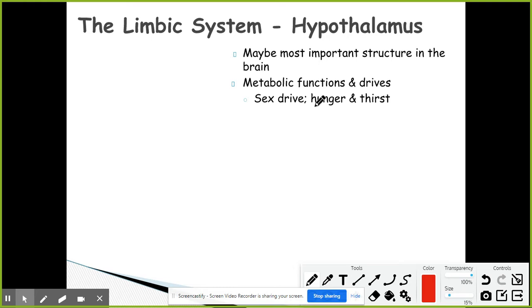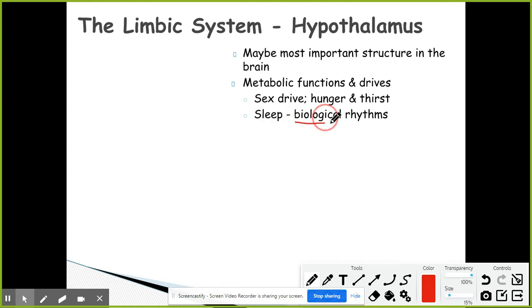If you're hungry, that's the hypothalamus releasing certain neurotransmitters to communicate with the endocrine system. If you're thirsty, so on and so forth. It controls all of these different things, whether it directly controls them or secondarily controls them through the pituitary gland.